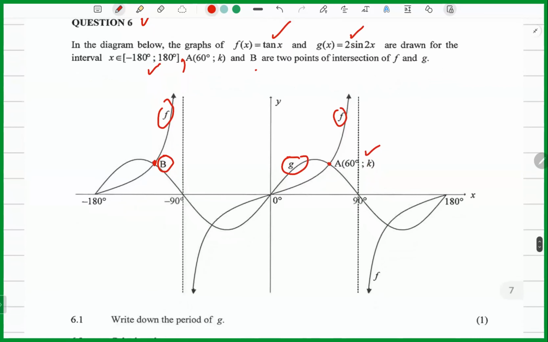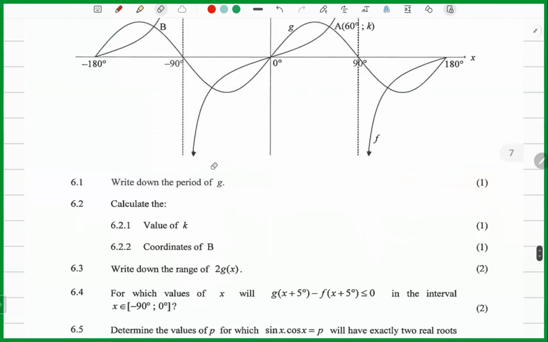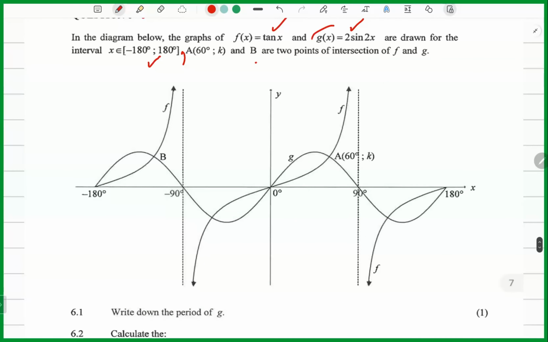Okay, we are good. So let's just proceed now and do more. Right, so let's continue. Write down the period of g. What is the function g? The function g is this one, 2 sine 2x.